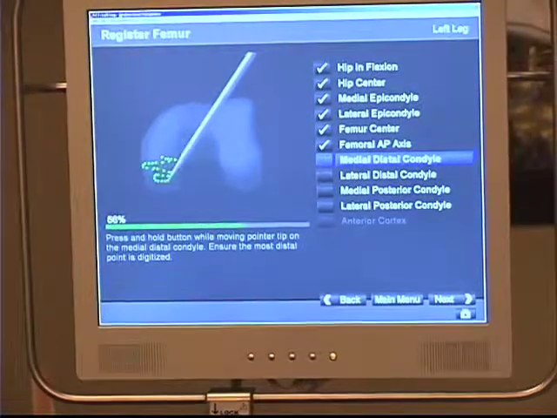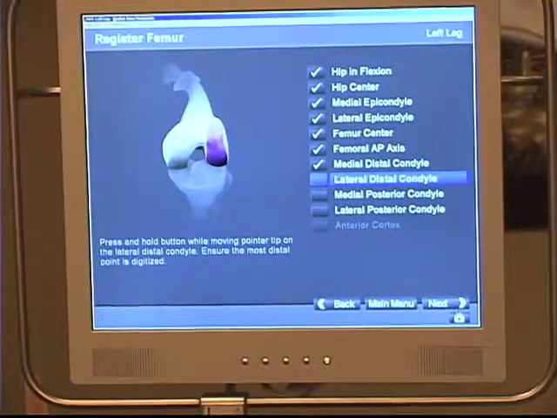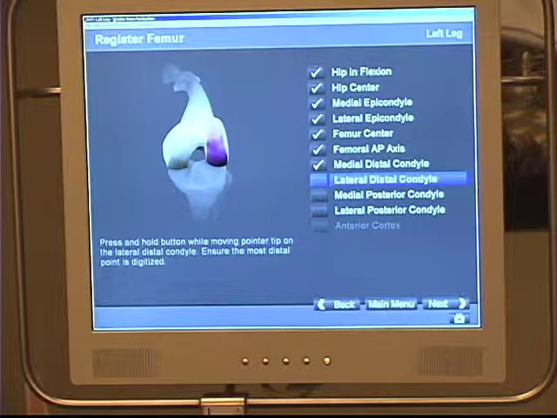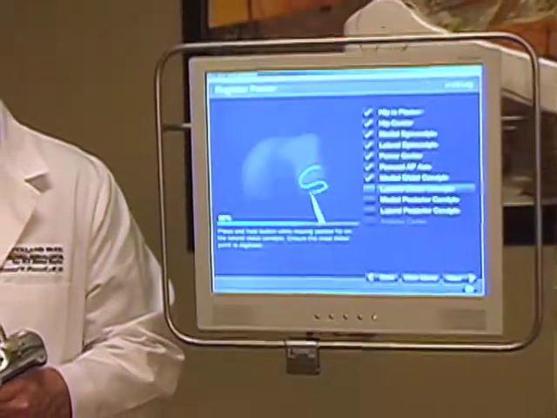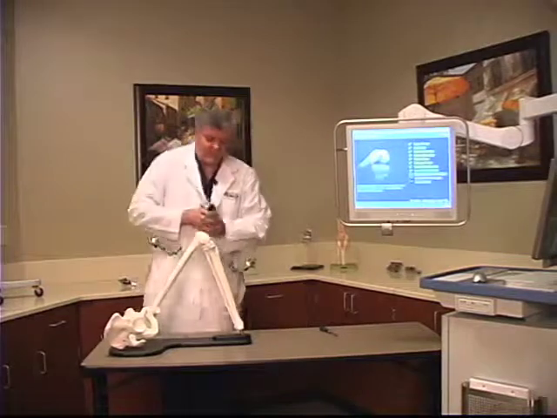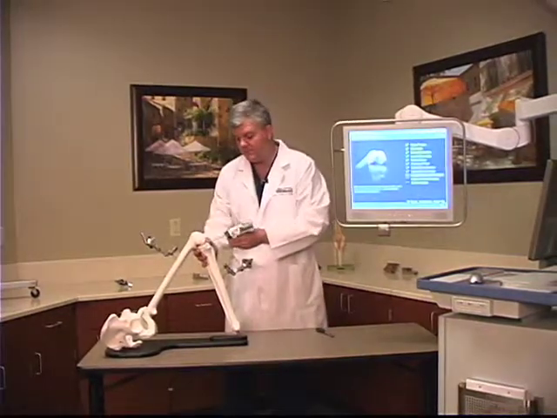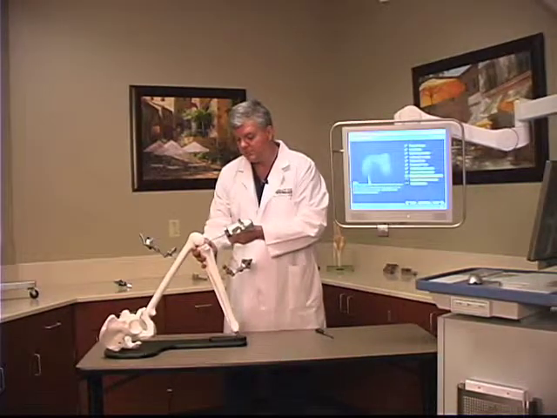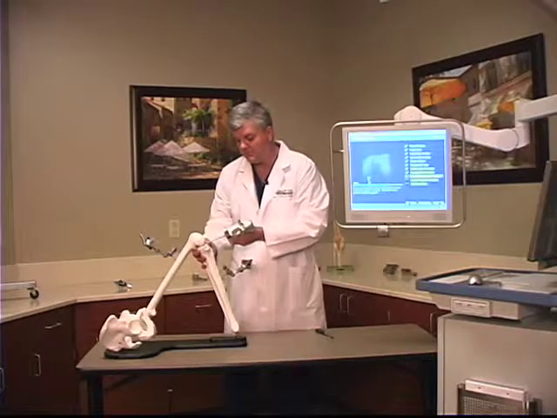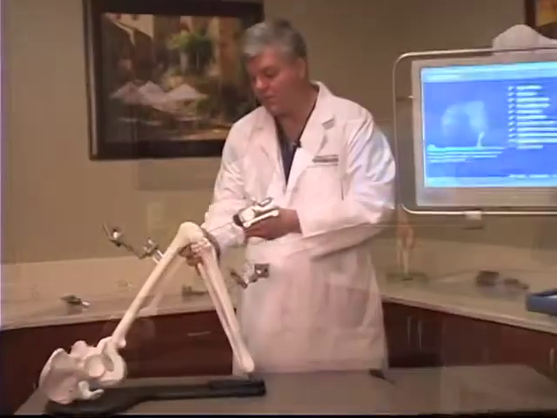And basically what's happening right now is the computer is making many points in space in relationship to this marker, telling it where this knee is, where the lateral distal femoral condyle is, and then where the distal medial condyle is on both sides of the femur.